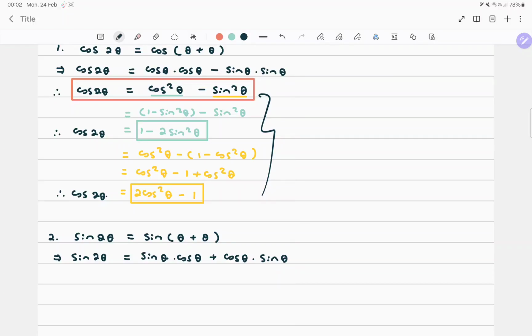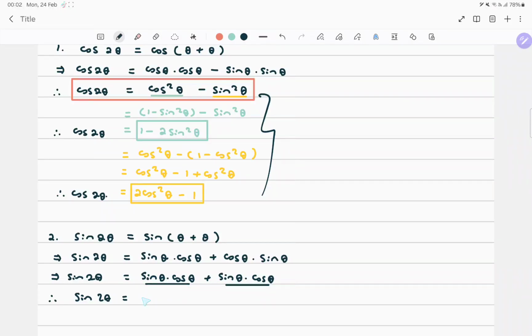Now, we will see that these are actually like terms, but we need to arrange them so that it's easy. So this is sine theta cos theta, plus this product. We can just show that this is the same thing repeated twice. And so we can say sine 2 theta is going to be, these are like terms, right?